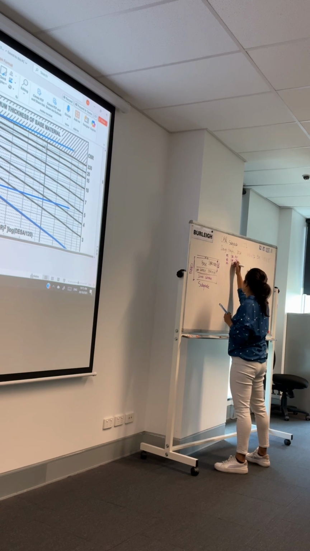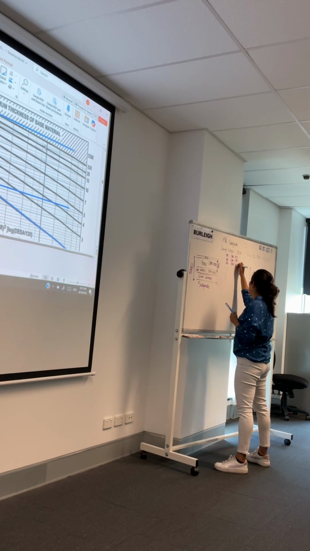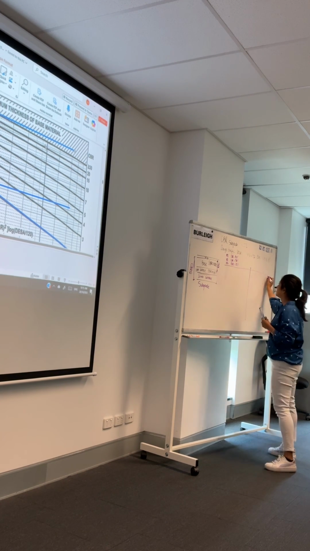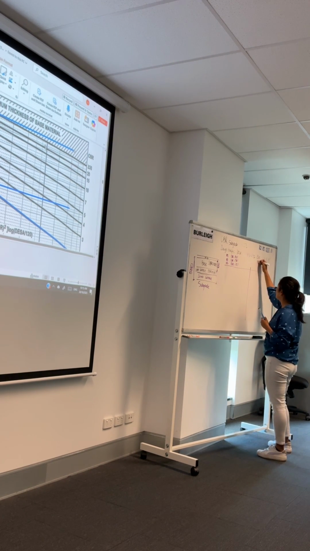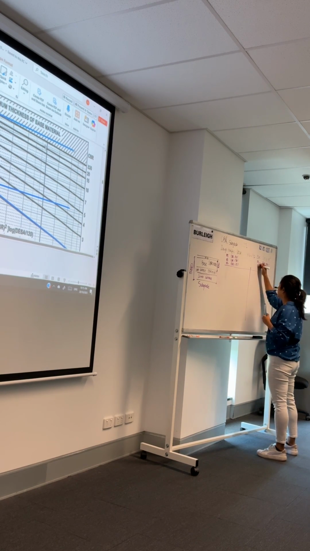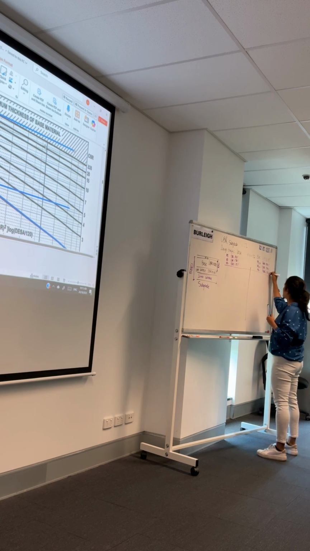Material 3 has a CBR of 15%. This is one pavement composition. And then another pavement composition in which material 1 has a CBR of 80%, material 2 has a CBR of 30%, and material 3 has a CBR of 10%.